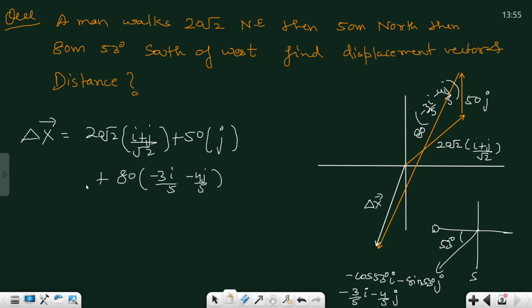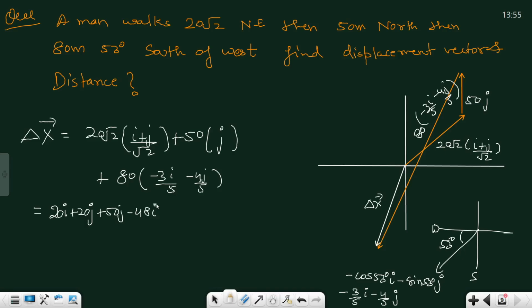So how much will it come? 20i plus 20j plus 50j. 16 into 3, is it minus 48i? Is it correct? Yes, sir.